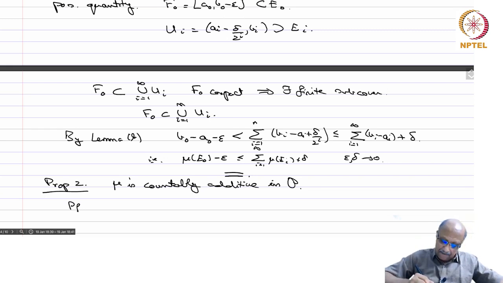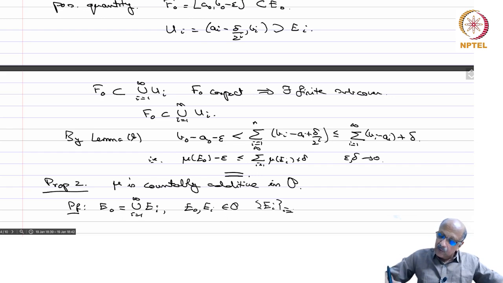So proof. E naught equals the union i equals 1 to infinity of Ei, where E naught and the Ei are all in P, and the Ei, i equals 1 to infinity, are mutually disjoint.